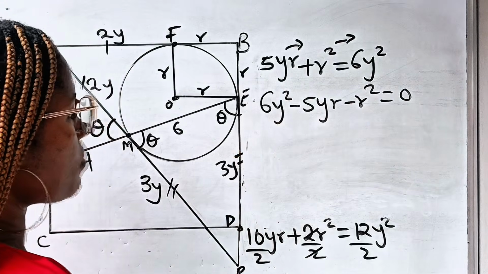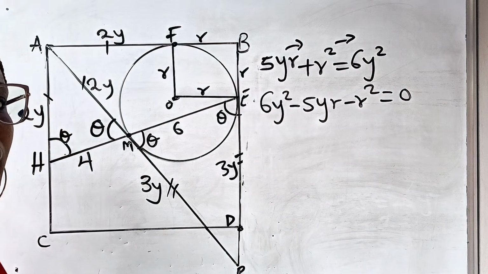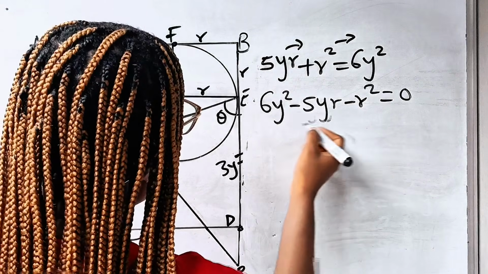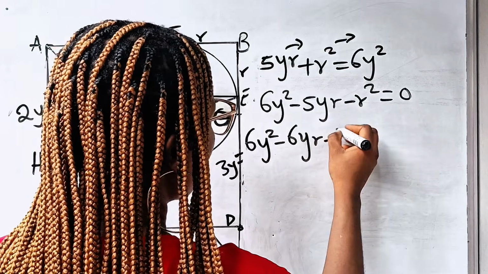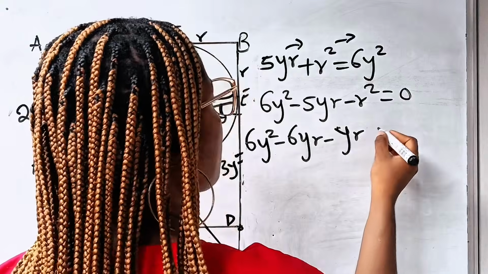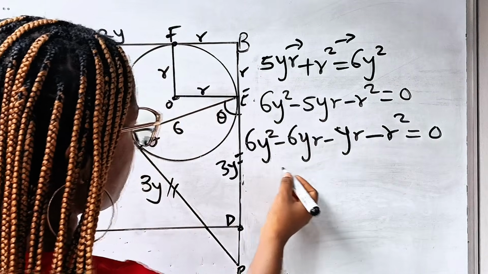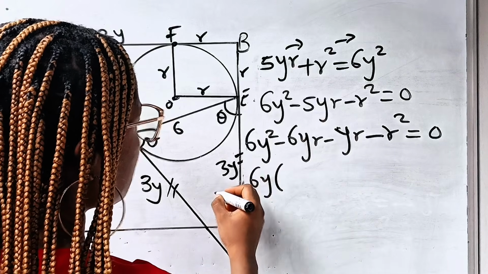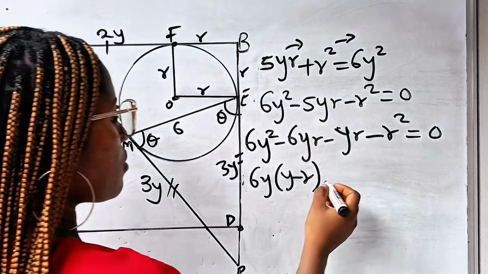Now let's replace minus 5yr with minus 6yr plus yr, right? So we can actually write this as 6y squared minus 6yr plus yr, then minus r squared is 0. So let's factorize. 6y is common here, we bring it out, then we have y minus r remaining, right?